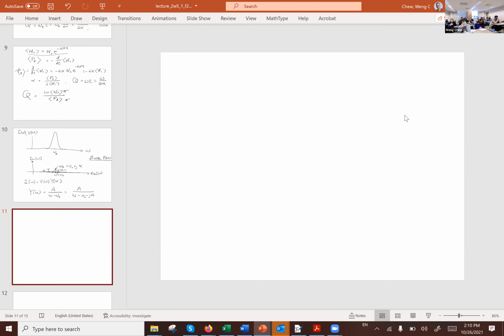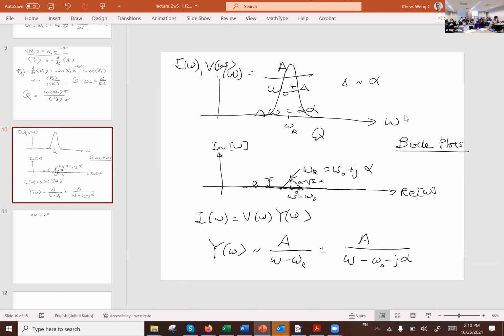Another way of looking at the bandwidth is that this delta omega is 2 alpha. If I look at this, this is the half power bandwidth, 2 alpha. If you remember your Bode plotting, that length over there is the half power bandwidth. So the half power bandwidth of the system is roughly 2 alpha.